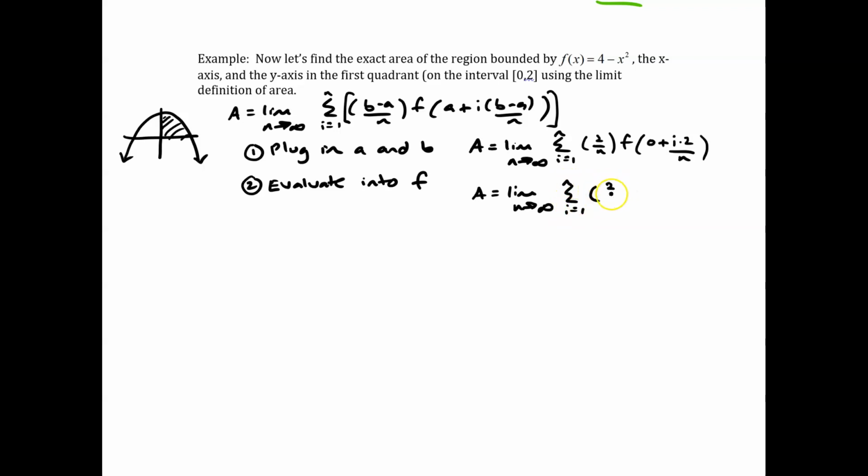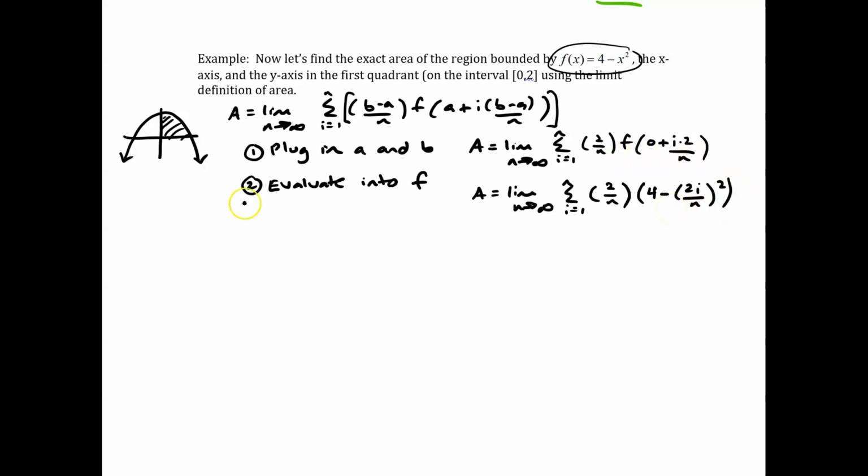We still have 2 over n, but now f of 2i over n is going to go into the f of x function. So f of anything is equal to 4 minus that anything squared. So this will be 4 minus my 2i over n squared. I'm doing f of 2i over n.